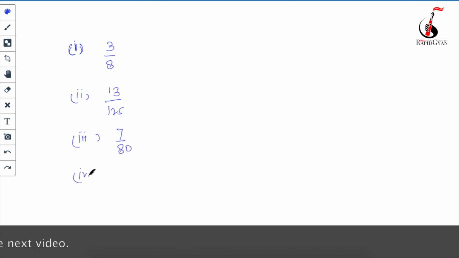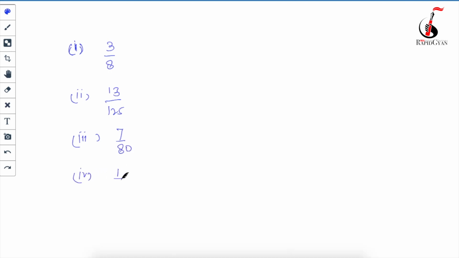And the fourth one is 1 upon 7. So what's your question? Your question is: tell me whether these rational numbers are terminating or non-terminating without the division technique.